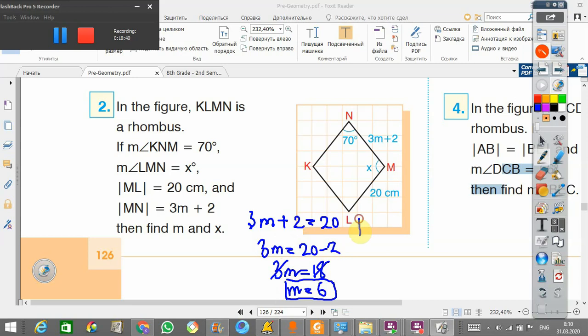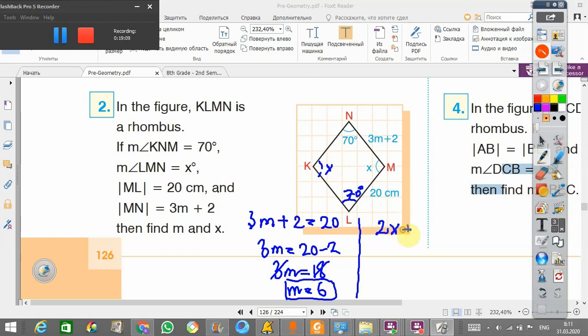Let's find x. If angle M is x, opposite of angle M, angle K, is also x. If angle N is 70 degrees, opposite of angle N is L, also 70. Then the sum of the interior angles of the rhombus is equal to what? 360 degrees.